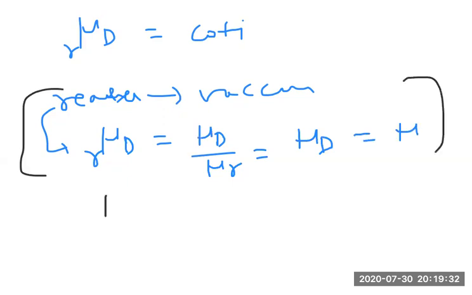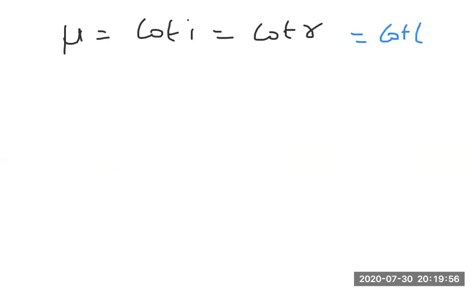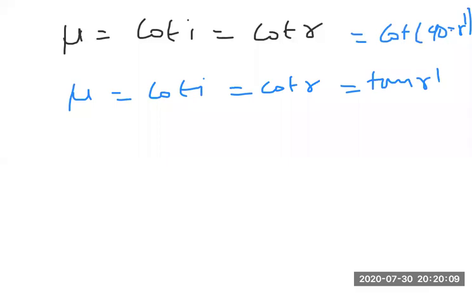So mu is equal to what I got here, cot I, which is equal to cot r, or we can write it as cot of 90 minus r dash. 90 minus r means tan r dash. So like that we got for mu.